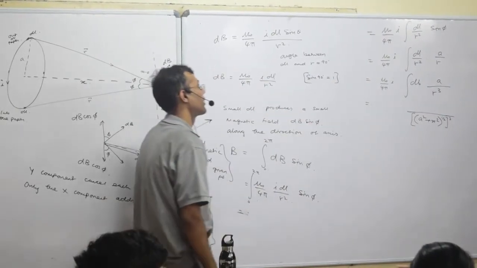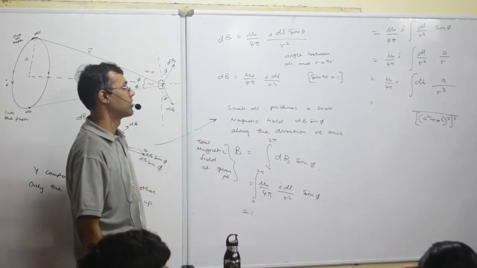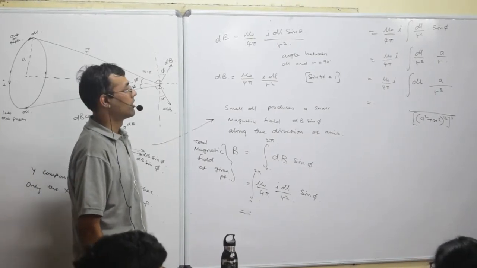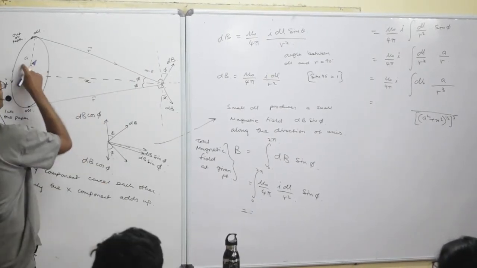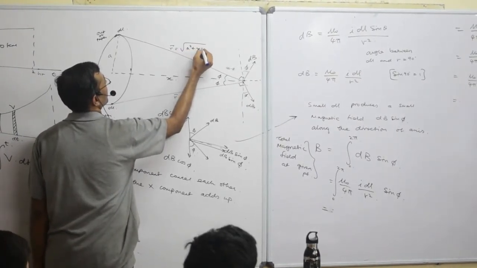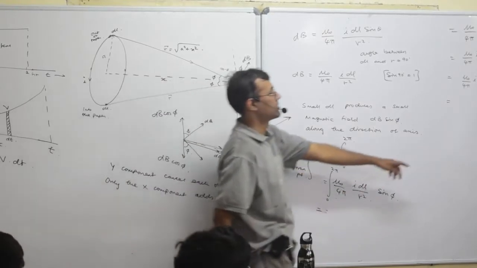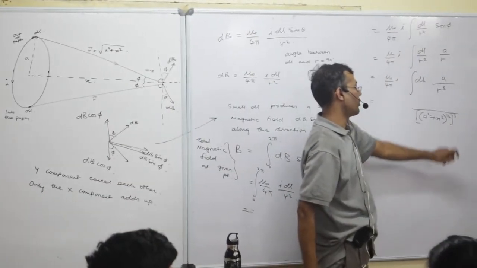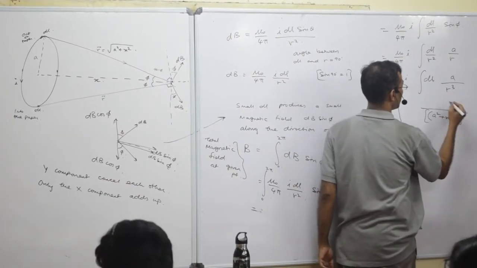In your exam, you can skip some of the steps, but here make sure everyone is understanding. If this is a and this is x, this can be written as the square root of a square plus x squared. Instead of square root, I am just writing it as 1 by 2, and then there is a cube here.